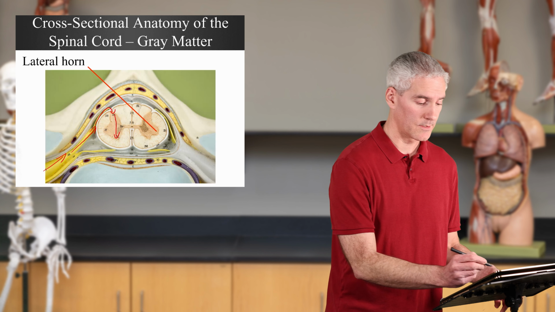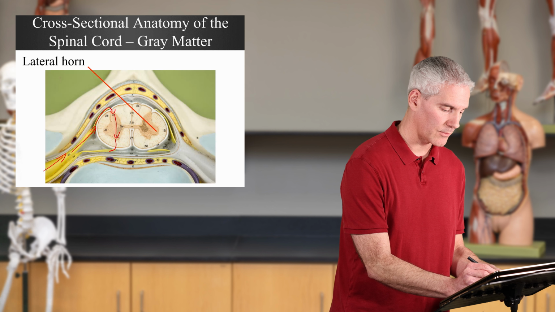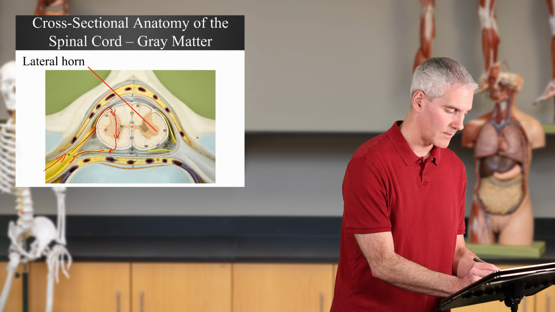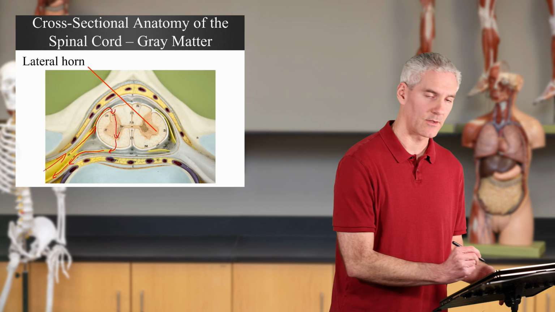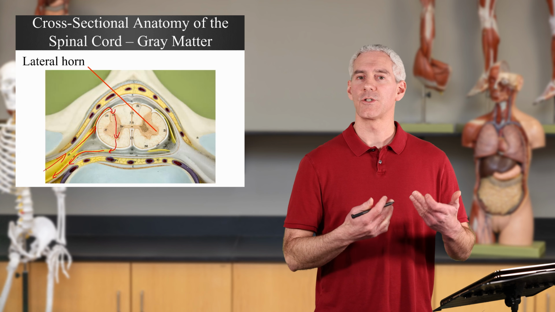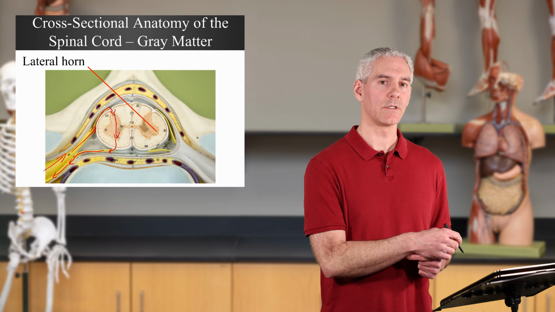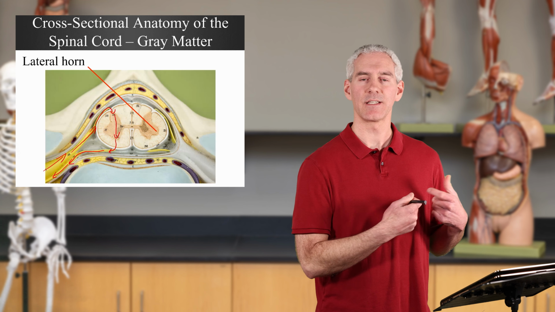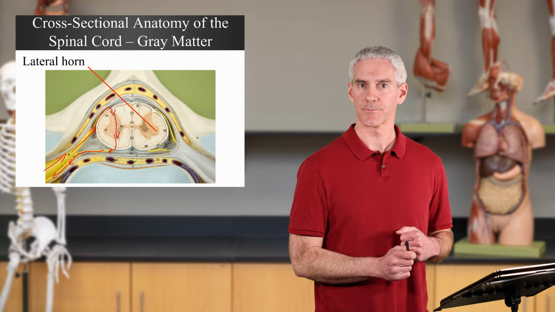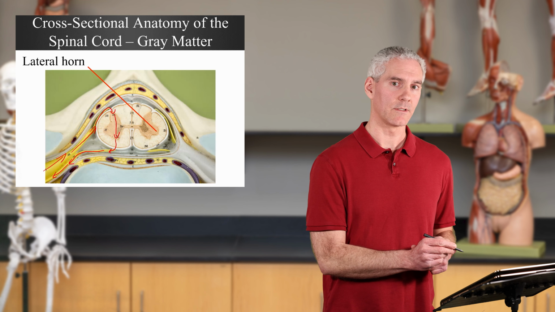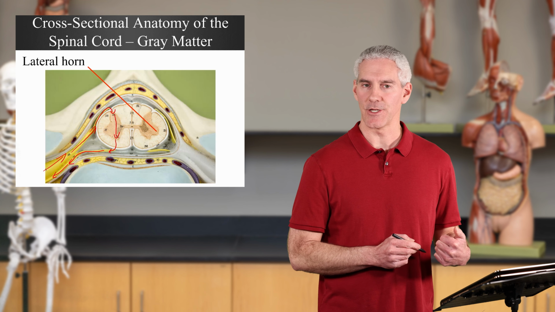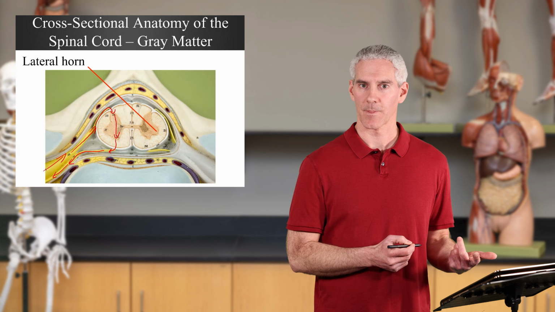From the ventral horn, it flows out to the ventral root and down out towards the spinal nerve. One direction of flow for information. Again, dorsal horn is receiving the sensory information from the dorsal root. The ventral horn is sending information out to the ventral root.